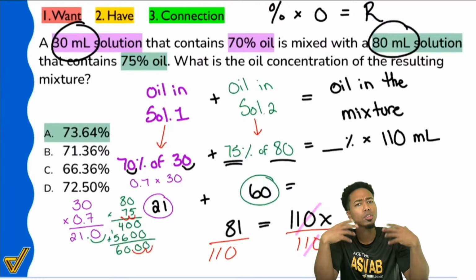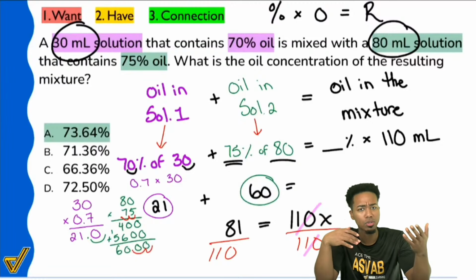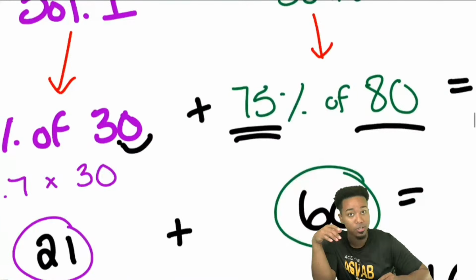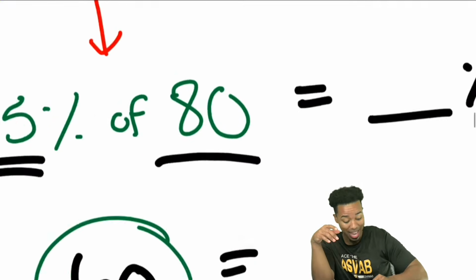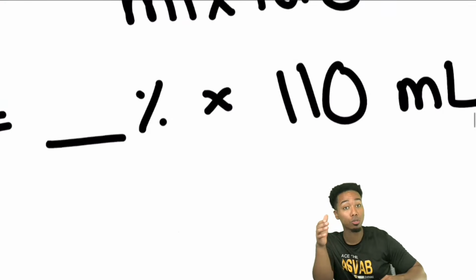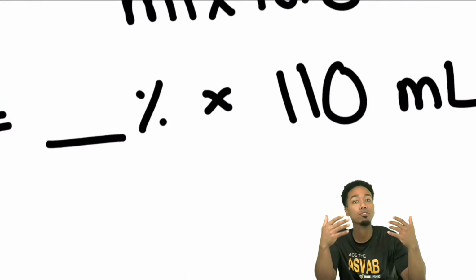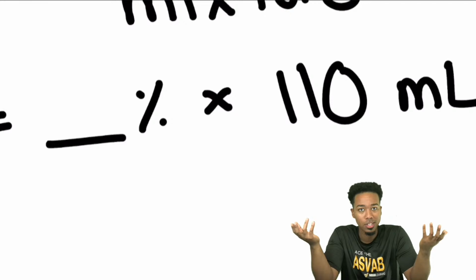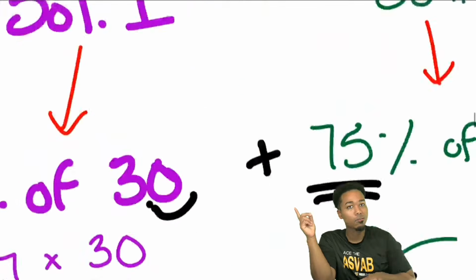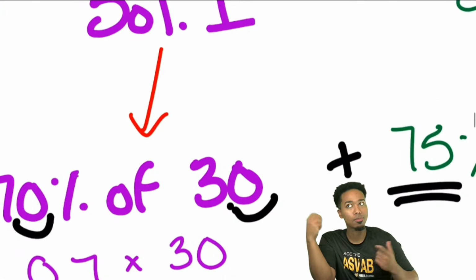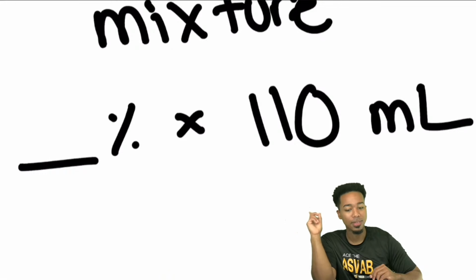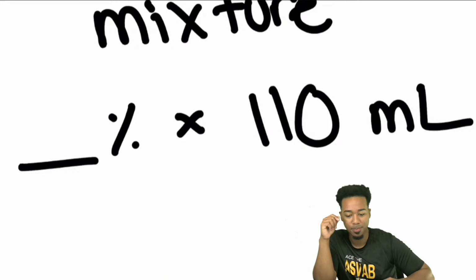And so when we thought about the formulas, percent times original, we were saying, hey, 70% of 30 milliliters, 75% of 80 milliliters. And so this percent in the resulting mixture is a percent of the total mixture. And what's the total going to be? Oh, you had 80 milliliters here. You had 30 milliliters here. 80 plus 30. That's where that 110 came from.